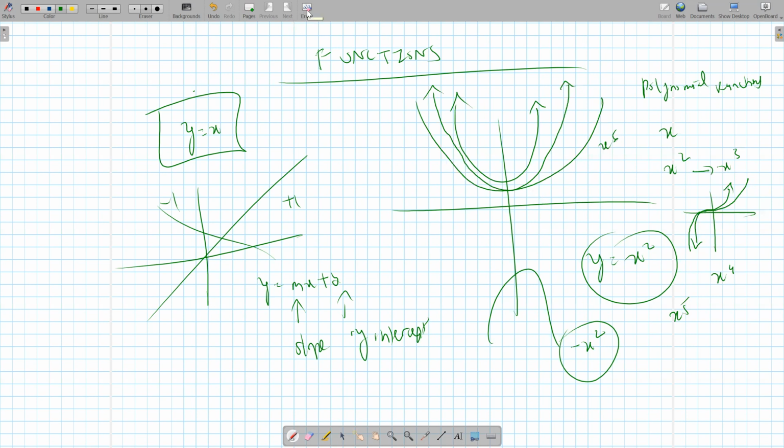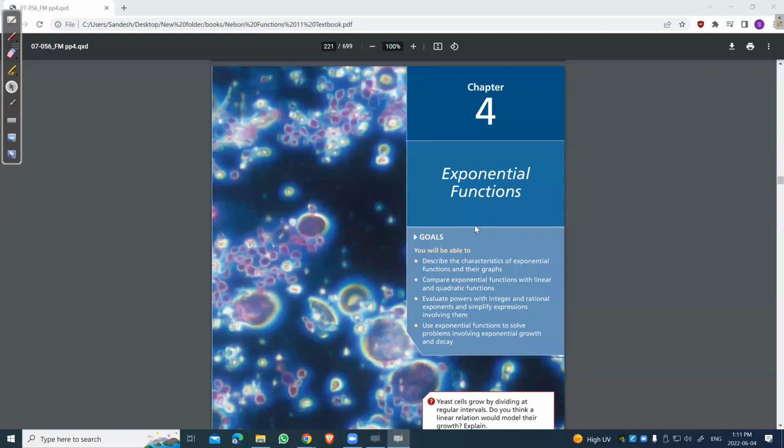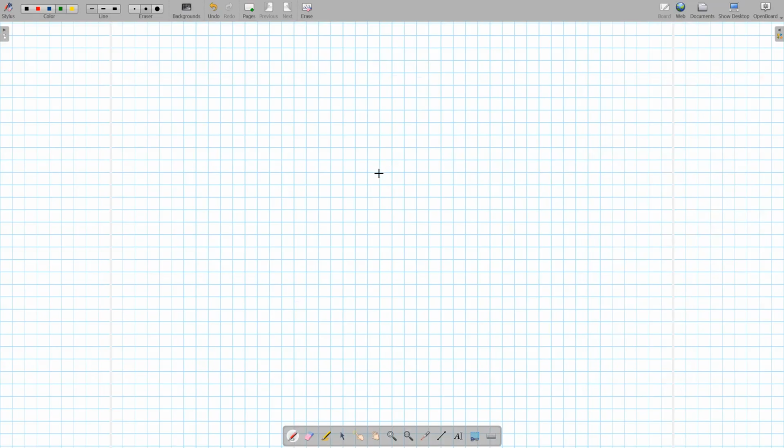Now let's look at a different type of function, which is called an exponential function. Now, what in the world is this? This is a function that grows very fast. It looks something like this, okay? An equation would be y equals 2 to the power of x. Now notice the difference.